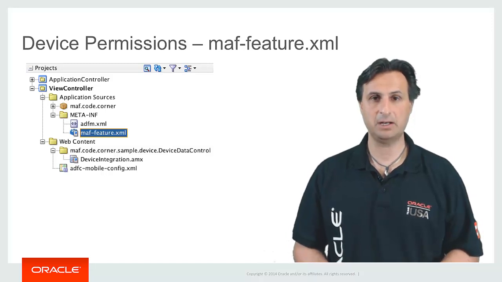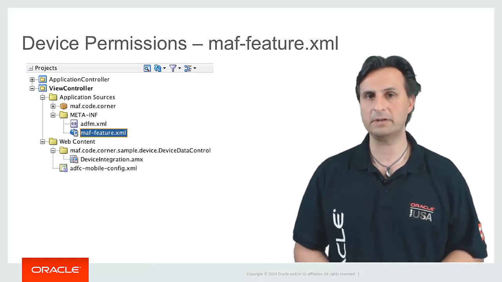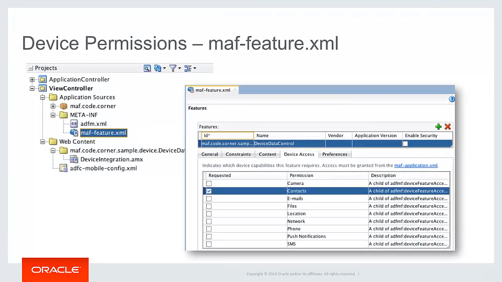So maf-feature.xml knows all about the individual features. A part of that is the requirement of a feature in regards to privileges. So if I select a feature and look at the list of requirements or permissions I can request on this level, then there is contact, camera, network. Now I would just say, okay, my feature needs this and that. Why do I need this on this level?